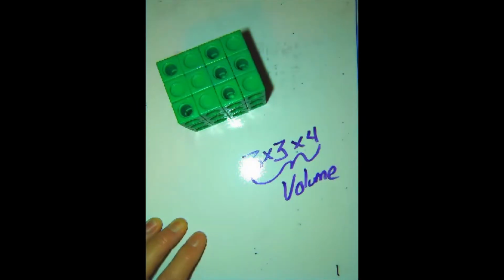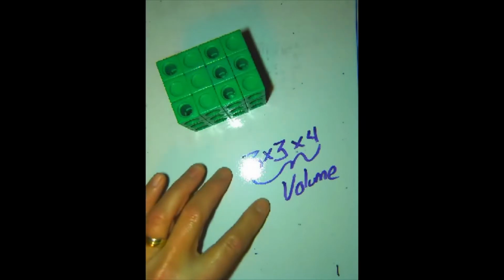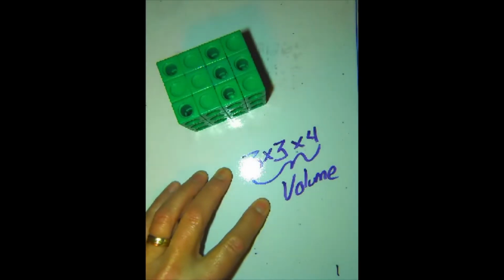So our volume would be 3 times 3 times 4, which is what would be expected. And in your fill the room assignment, this is the understanding for volume I'm sure that most of you are using based on my reading of your work.